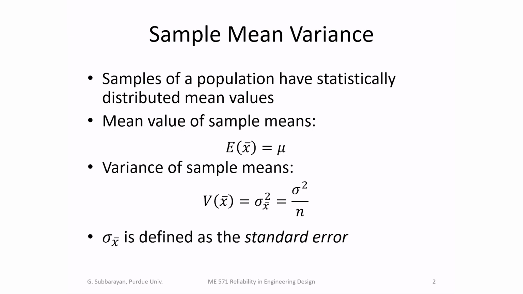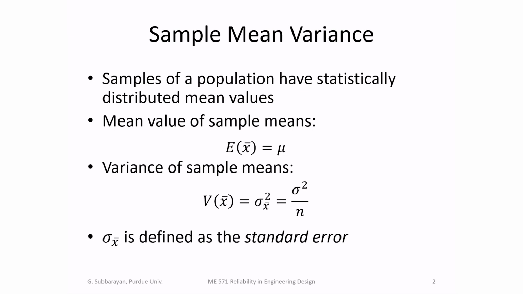So is the sample mean itself statistically distributed? And the answer is yes, it is statistically distributed. And it's also a distribution whose mean value and variance we can estimate. And that's what we will do here.